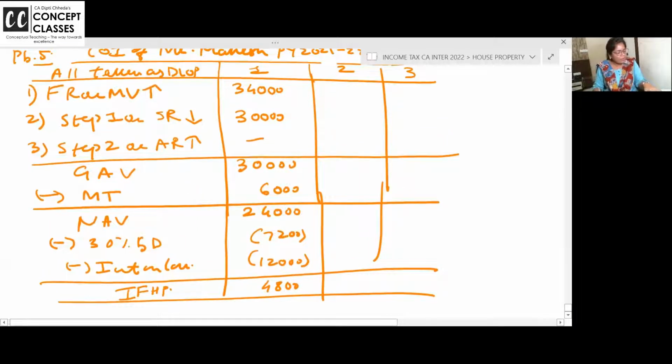House 2, fair rent and municipal value 42 or 36, whichever is higher. So 42. That or standard rent, whichever is lower. 42. Fill say 42. Municipal taxes 8,000. 34,000 into 30%, 10,200.